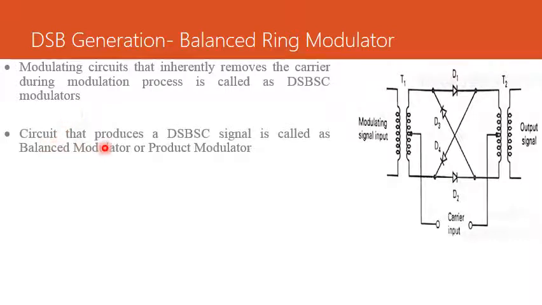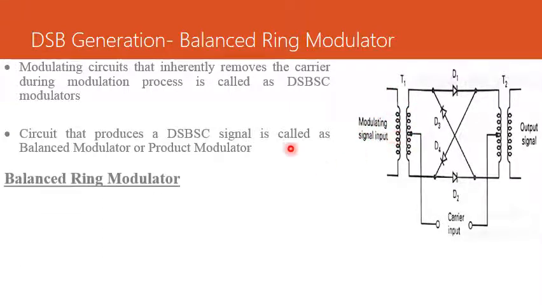And the circuit that produces a double sideband suppressed signal is called the balanced modulator or the product modulator. A balanced modulator has two input signals, a single high frequency carrier signal and the modulating signal, which may be a single frequency or a complex waveform.